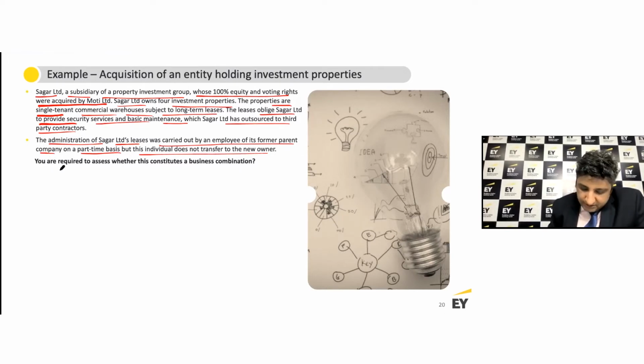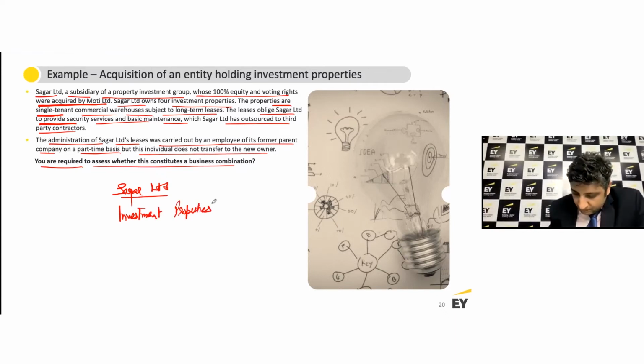The question is, you're required to assess whether this constitutes a business combination. Now, essentially and importantly in this case, you're talking about Sagar Limited, of course, and there are investment properties in place.